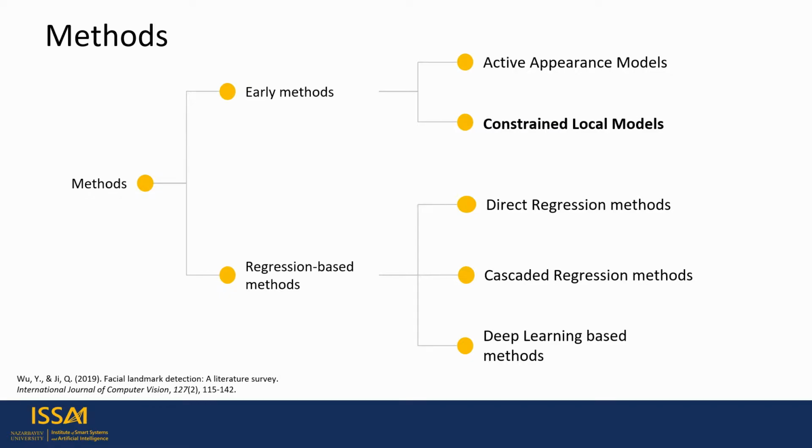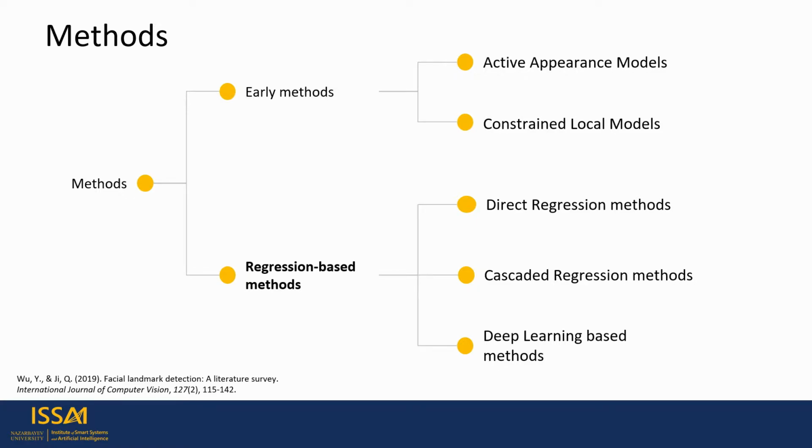CLM methods are probabilistic methods that utilize global facial patterns and local-to-each-landmark appearance information for inferring the landmark locations. Both AAM and CLM are considered to be holistic methods because they capture global facial shape patterns. However, CLM is an improvement upon AAM because local appearances around landmarks are also considered. This helps with illumination and occlusion problems.